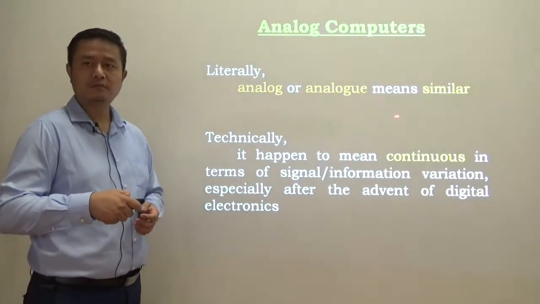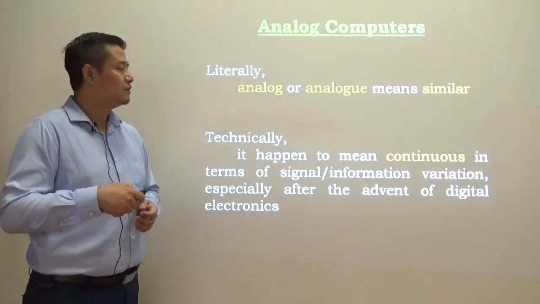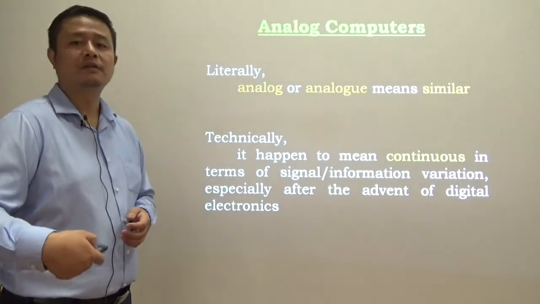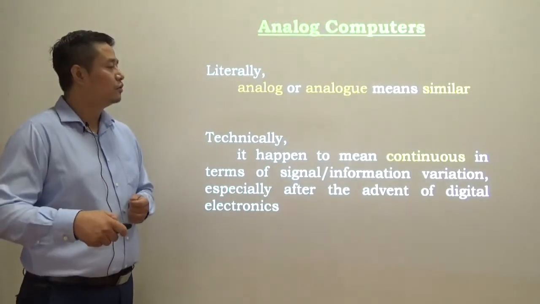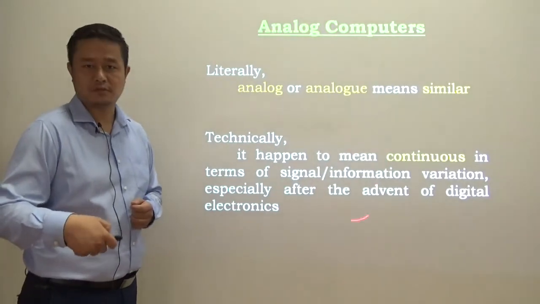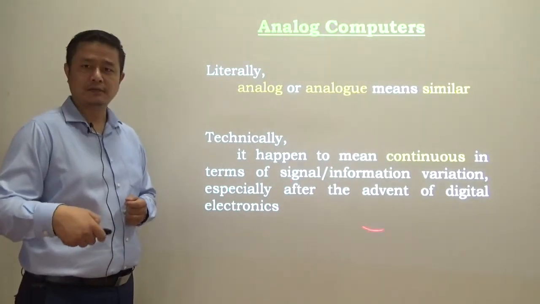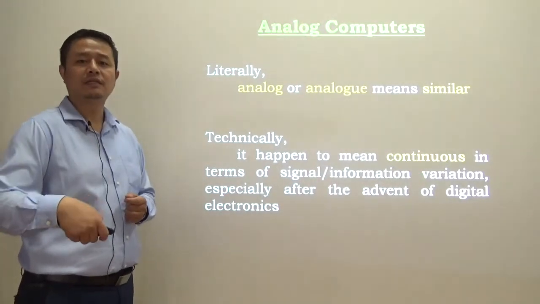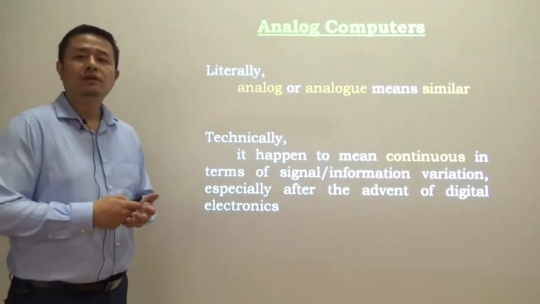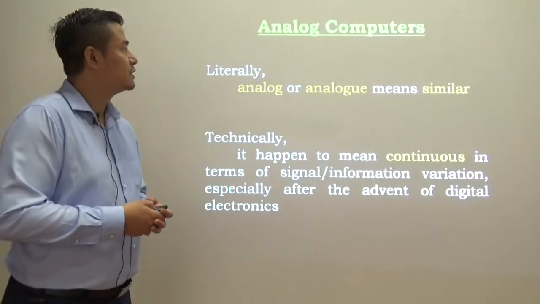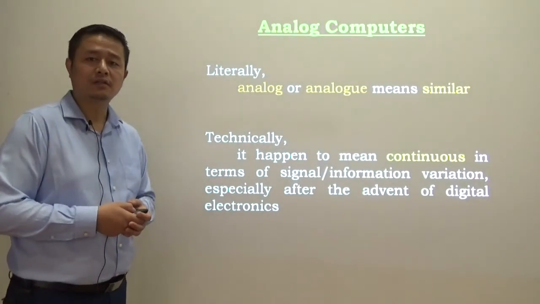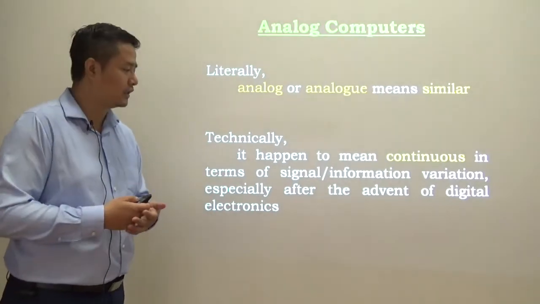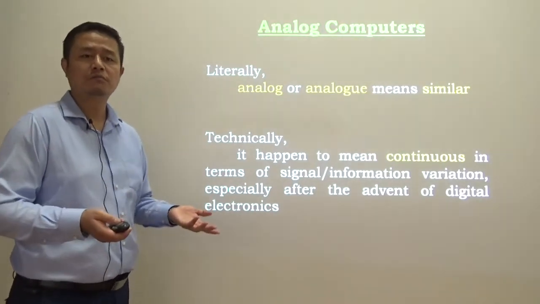But with the advent of digital electronics, analog electronics means the signal whose variation is continuous, which varies continuously. And in digital electronics, the signal varies in a discrete fashion. So that distinguishes analog electronics and digital electronics. Eventually our modern computers are based on digital electronics, and hence we call them digital computers.